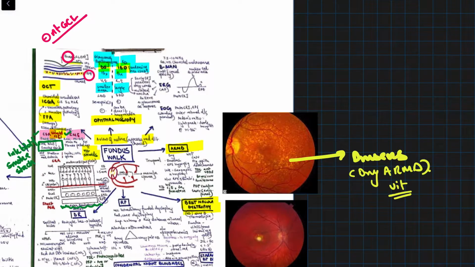Then the next image is Best vitelliform dystrophy. Here you can see an egg yolk like appearance of the macula, right? So it is also called a vitelliform lesion, and here the investigation of choice is EOG, right?